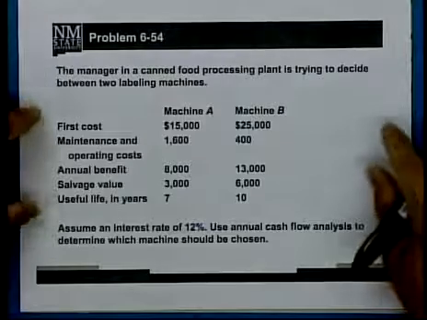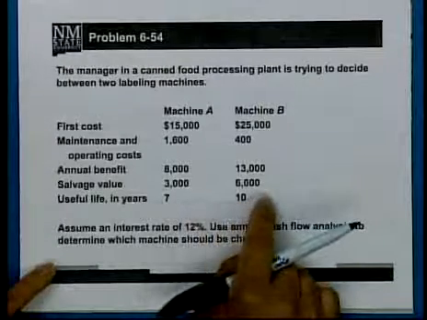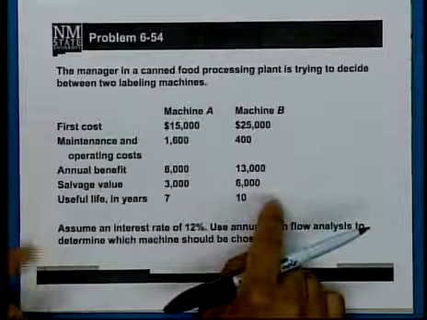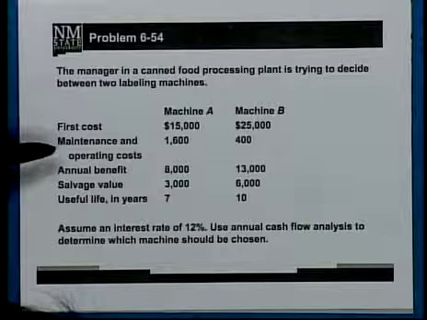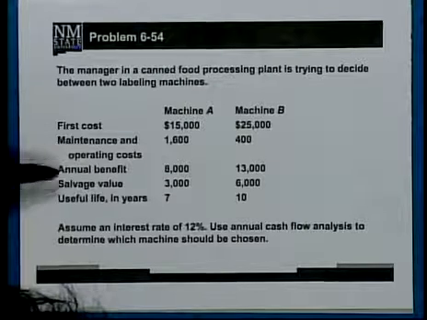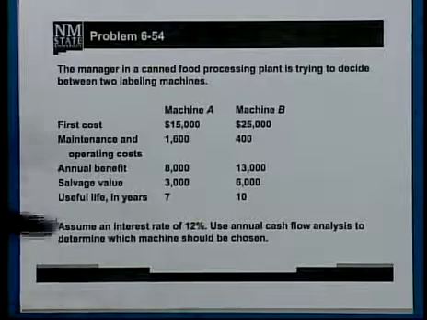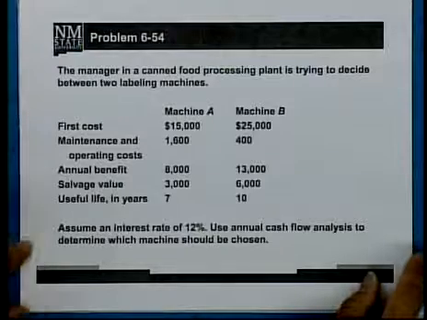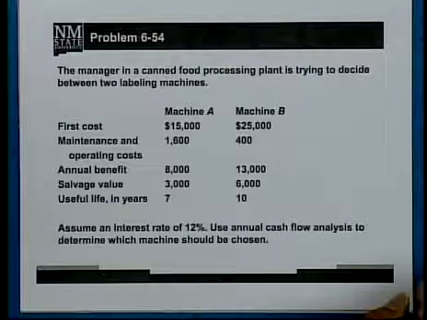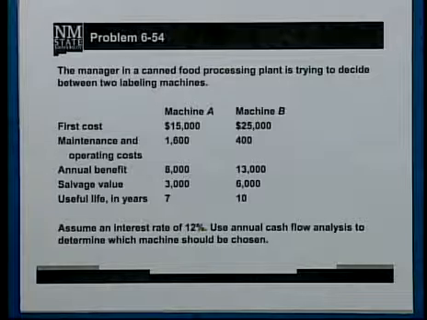So in this table, two labeling machines, Machine A and B, are recorded. For each machine, the first cost, maintenance and operating cost, annual benefits, salvage values, and their useful lives in years are recorded like this. Assume an interest rate of 12% and use annual cash flow analysis to determine which machine should be chosen.